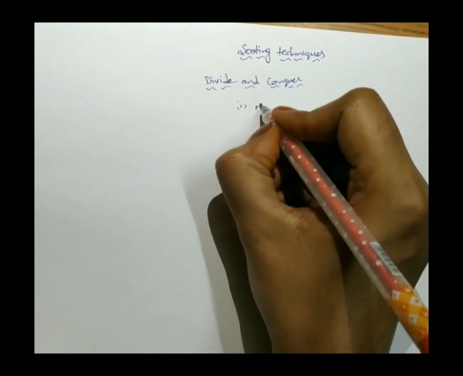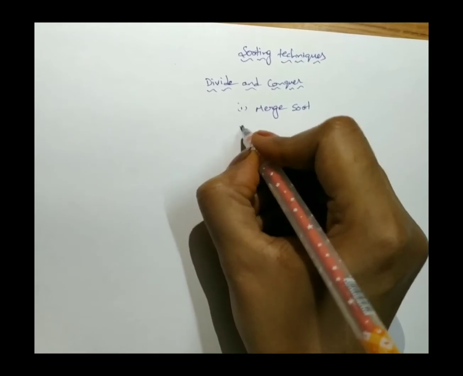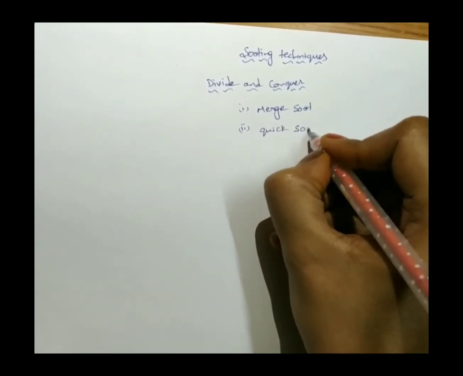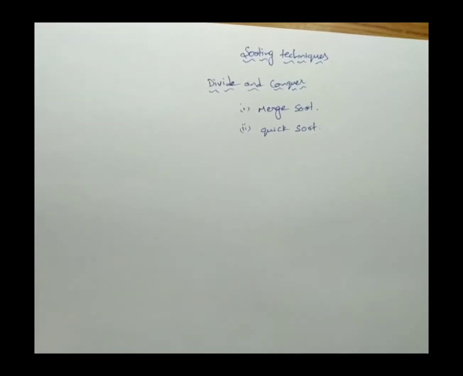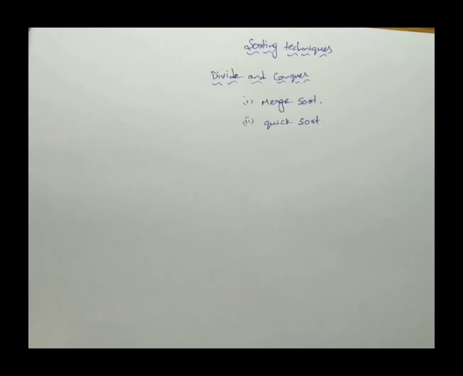First one is merge sort, and the second one is quick sort. Okay, in this video I will explain how the merge sorting operation can be performed on the given set of elements by following the divide and conquer method.